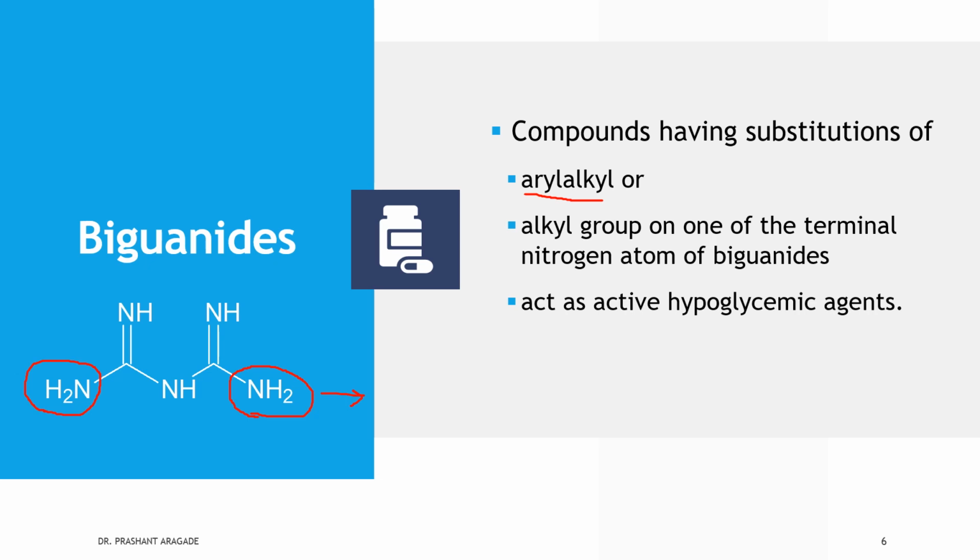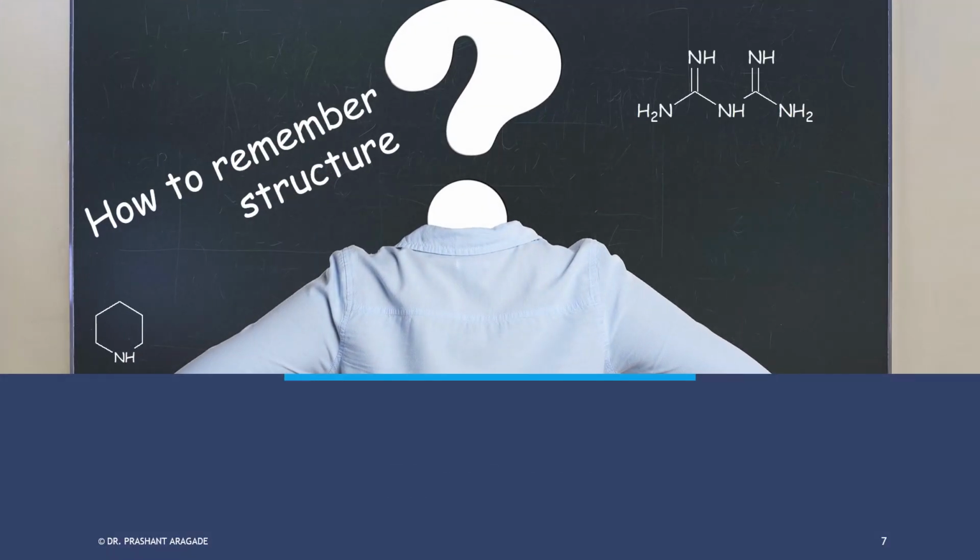Then it shows very good oral hypoglycemic activity. Those biguanides which have substitutions on one of the nitrogen atoms and a free or unsubstituted other end act as active hypoglycemic agents. For example, fenformin and metformin. So let's see how to remember the chemical structure of fenformin.